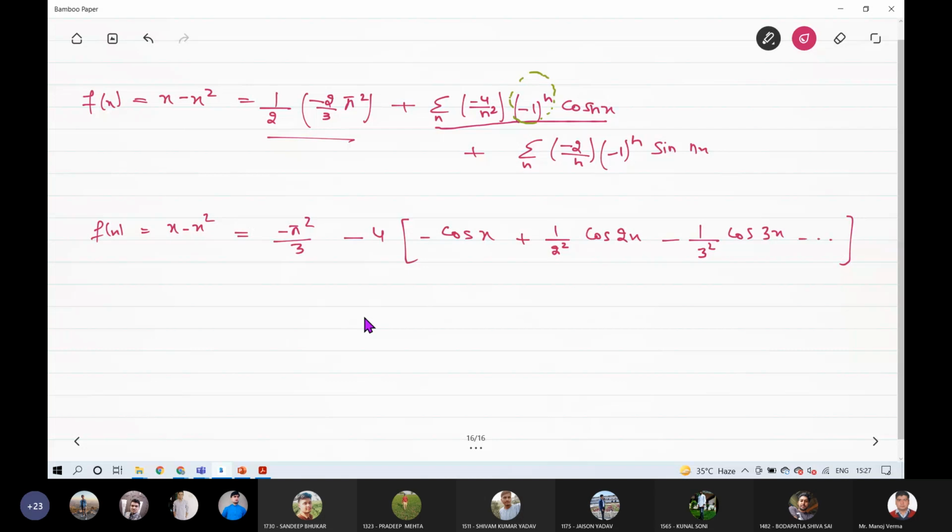And for the sine terms, if I take out the common factor, it will be minus 2 times sine x minus sine 2x by 2 plus sine 3x by 3, again alternating plus and minus signs in the terms, starting from negative.